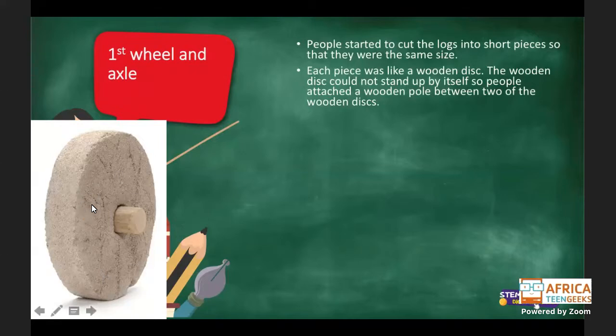Let's look at this picture. This will be our wooden disc. Then this will be our wooden pole, which acts as an axle. An axle, as I said earlier on, supports the wheel.